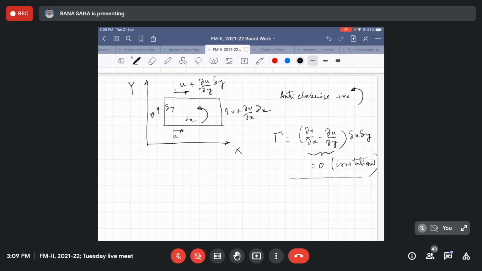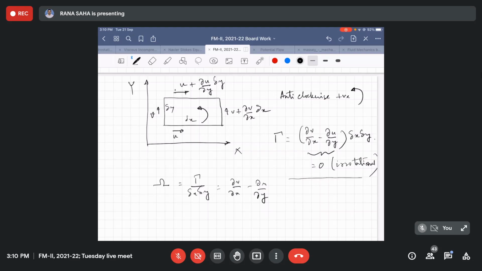So it is actually defined as the circulation around this circuit, which is of infinitesimal size, divided by the area. So which is denoted as omega, that is del v del x minus del u del y, isn't it?